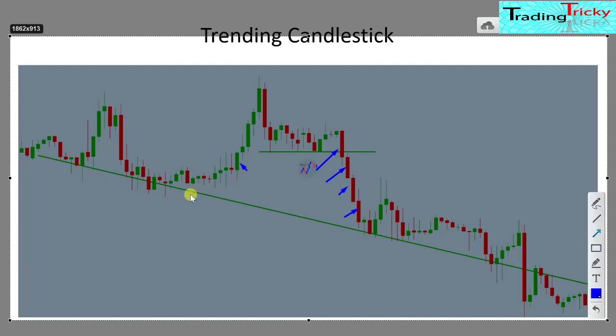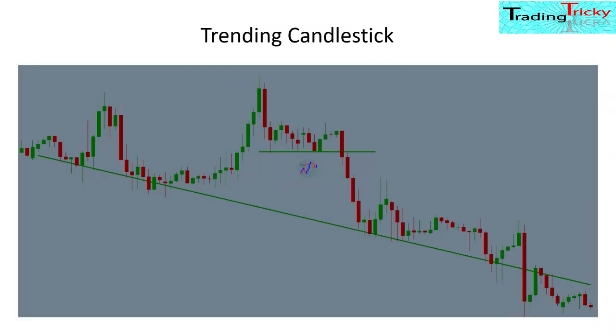From here you can see buyers trying, and force from buyers. So this is trending candlesticks. This is also trending candlesticks. And this is not trending because the upper side has strong wicks. And this is also trending candlesticks.